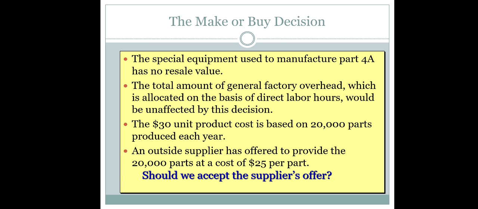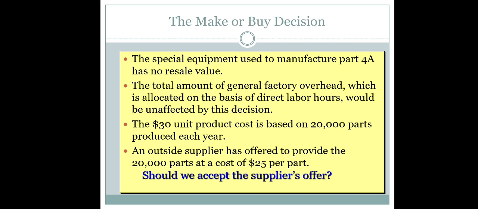We have seen in the previous slide that the cost of producing the part 4A is $30 per unit, so it is cheaper to purchase from the supplier. That is before we do analysis.